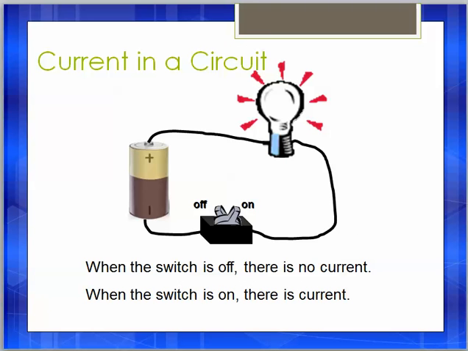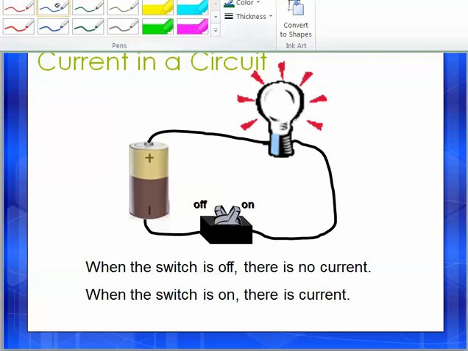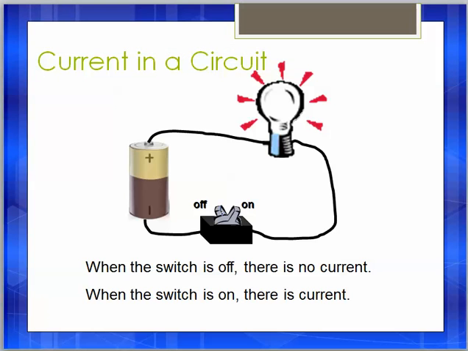Current circuit. When the switch is off, there is no current. So when it's over here on the left, there's a break. Think of that box right there, in there we have this little switch. When it's off, it's here. Here's an incoming wire, and there's the outgoing wire. There's a break right here so that the electrons cannot flow.